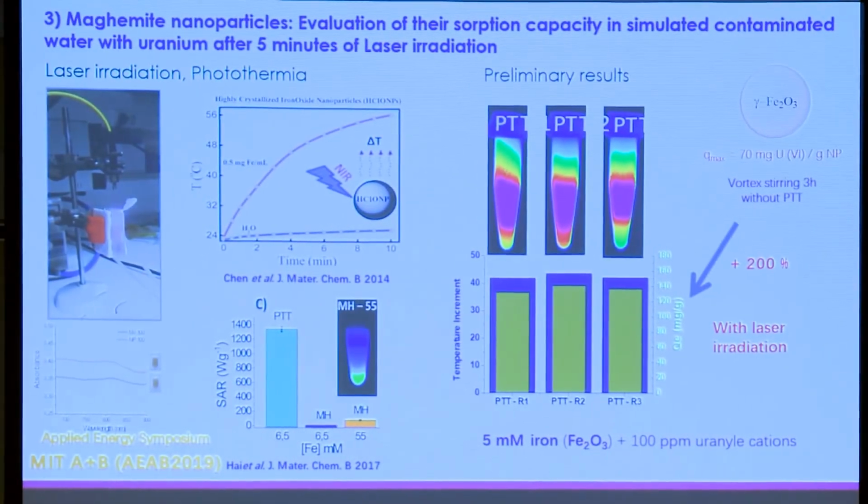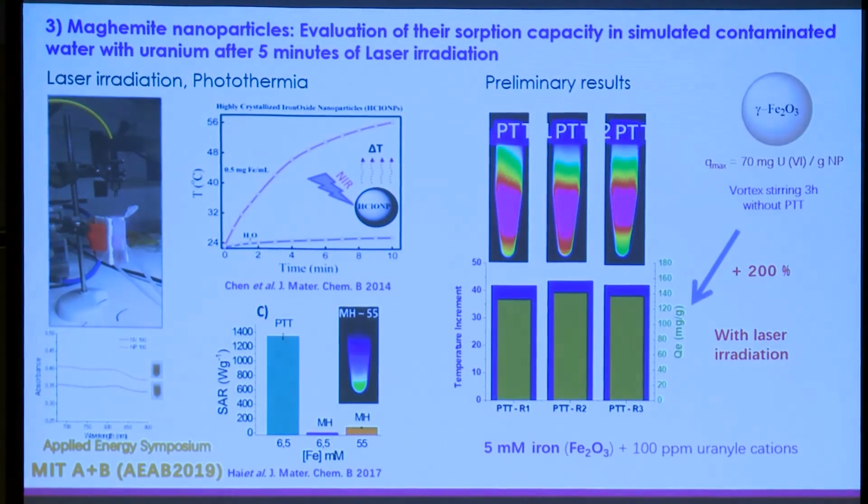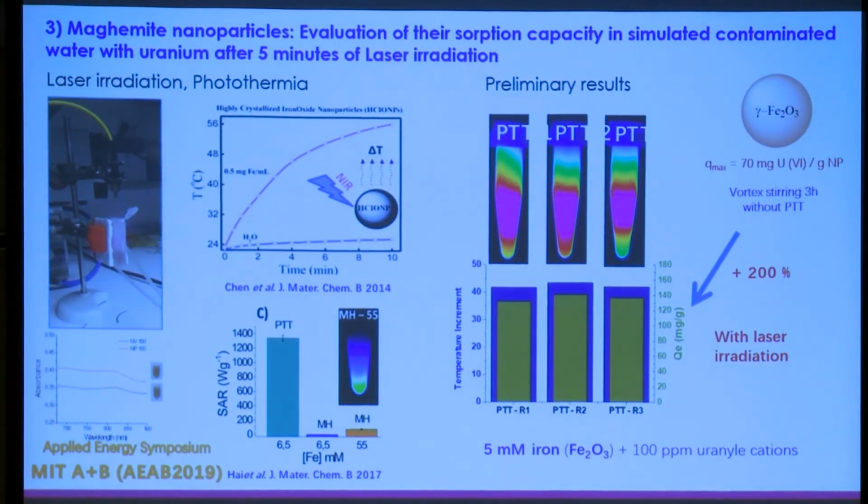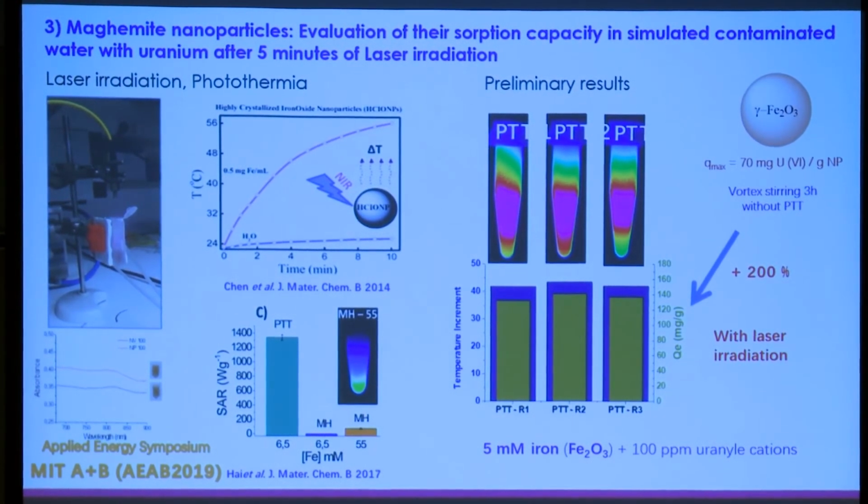By means of irradiation, we observe an increase of the temperature. Previous work showed that when you apply photothermy to some nanomaterials, we observe an increase of the absorption capacity of the materials.